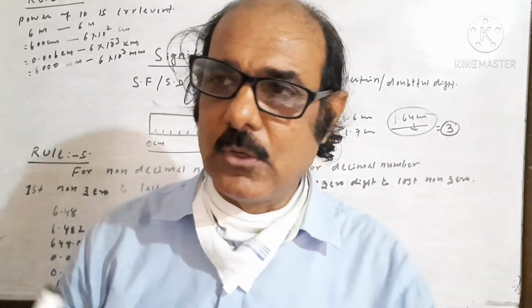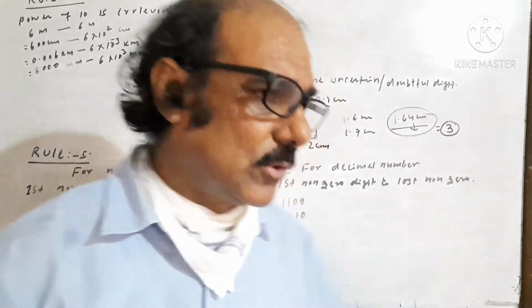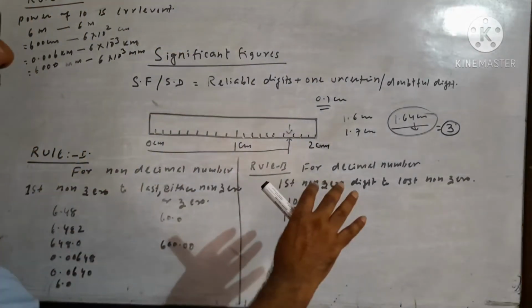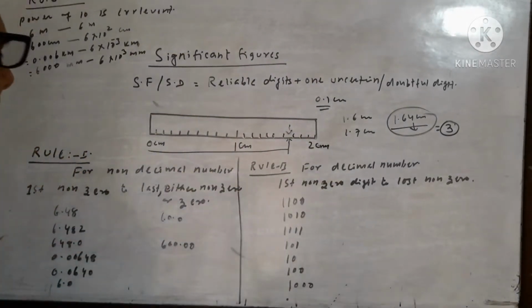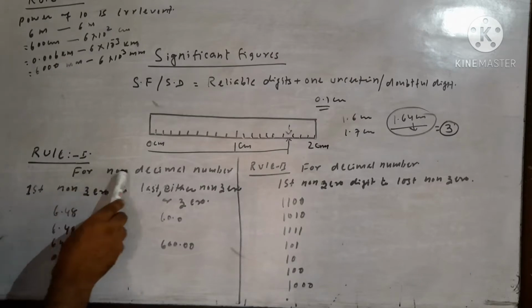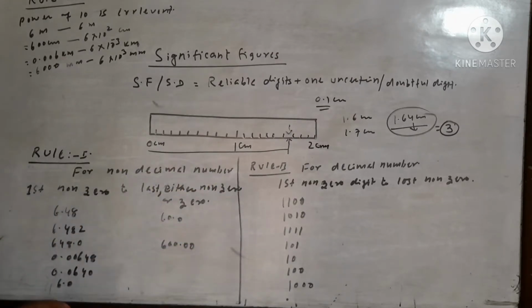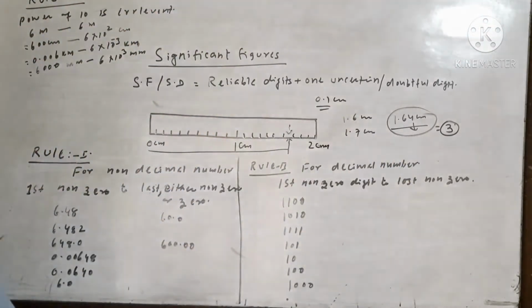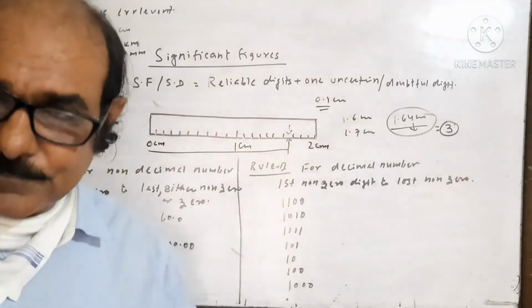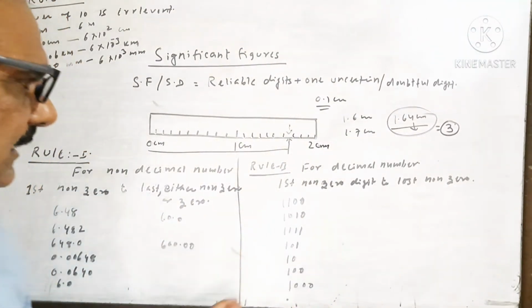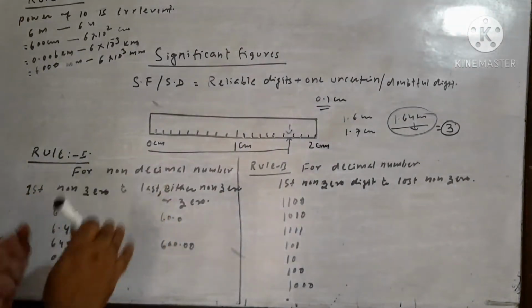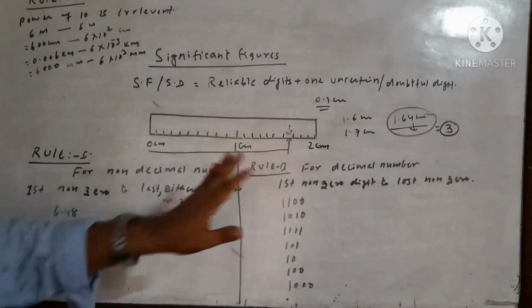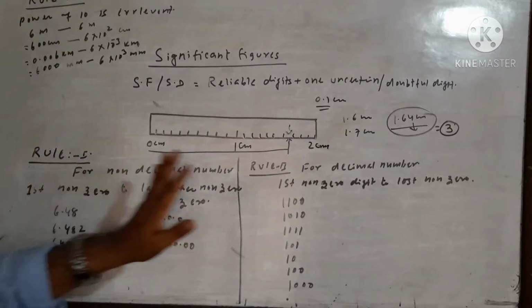First of all, all numbers are divided into two parts: the first part for non-decimal numbers, numbers which have no decimal, and the second part for decimal numbers, numbers which contain a decimal. So we are taking only two rules here: rule first and rule second.